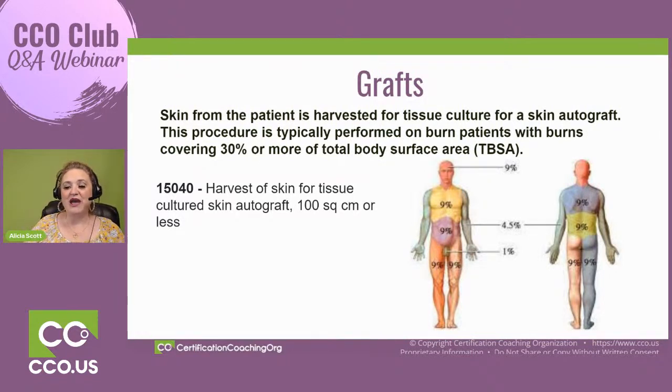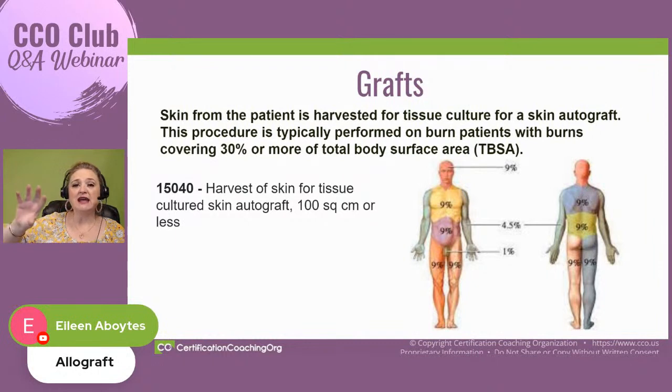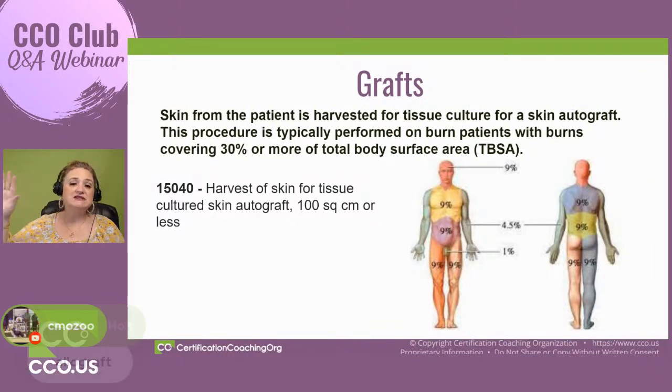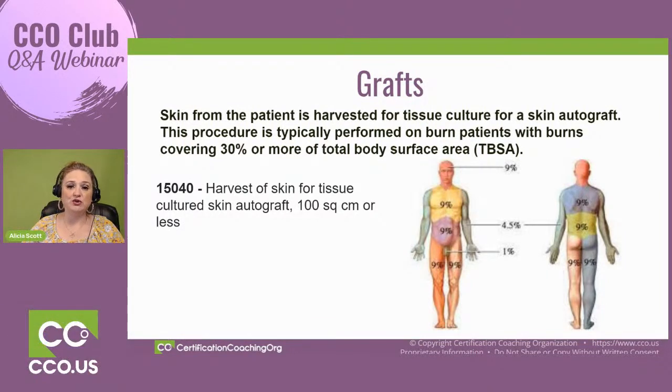Great, guys. So allograft is from the same species. They still have to do type and match and all kinds of stuff, but then you will take the skin or the tissue from somebody else and use that. You have a donor site. A donor site is another term you need to be aware of.